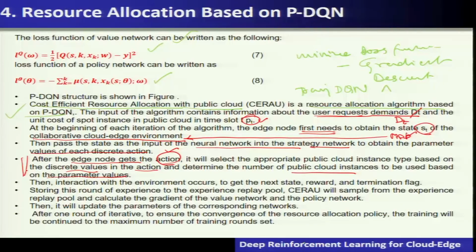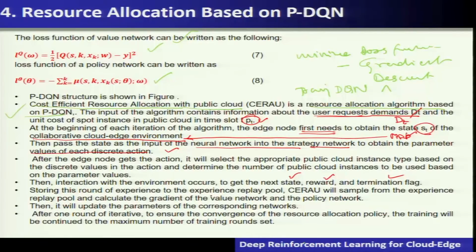So this is quite straightforward. These are some of the things which require the parameter. Then the interaction with the environment occurs to get the next state, reward and the termination flag.